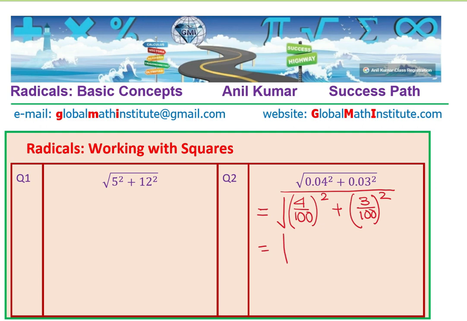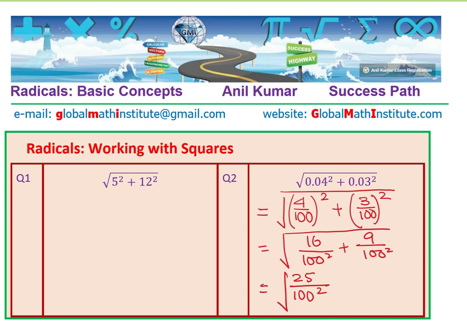Now, clearly, in the square root, what do we have? 4 square is 16, and this is 100 square, plus 3 square is 9 over 100 square. And therefore, I could now write it with the same denominator, so 16 and 9 is 25 over 100 square.